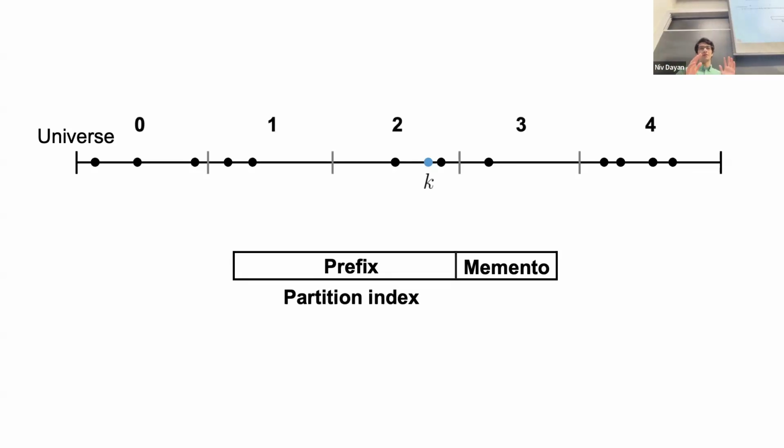We can think of the universe partitions as being numbered from 0 to N for some big N, and the partition index is just the prefix itself. In this case, the prefix of that key k is simply 2. The memento gives you the offset from the start of that partition. And because our partitions were of size 2 to the log r, your memento only has to be log r bits.